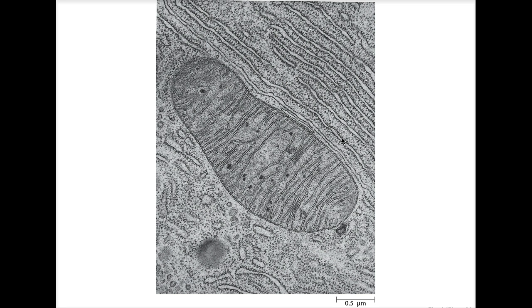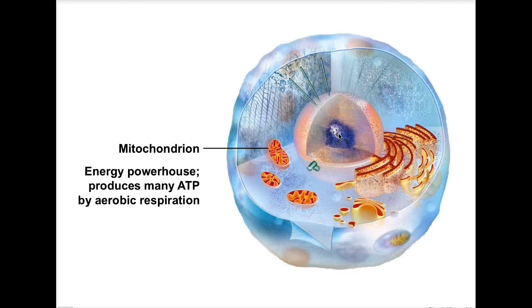This is an electron micrographic view of a mitochondria where you can see all of these inner lines are the inner membrane. And this out here would be our rough endoplasmic reticulum. Here's the context of the mitochondria and its approximate location inside of a eukaryotic animal cell.